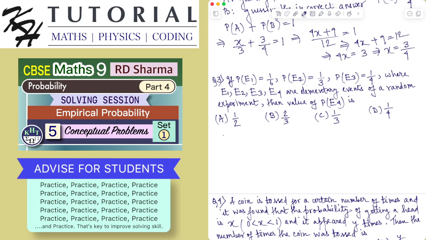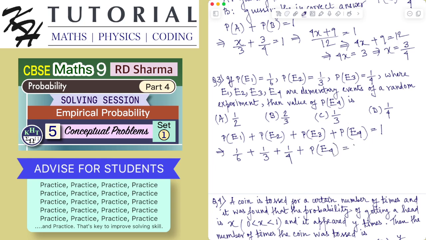So we know that the sum of the probabilities of all the elementary events of a random experiment is equal to 1. So we must have probability of E1 plus probability of E2 plus probability of E3 plus probability of E4 equal to 1. Now putting the values, we have 1 by 6 plus 1 by 3 plus 1 by 4 plus probability of E4 equal to 1.